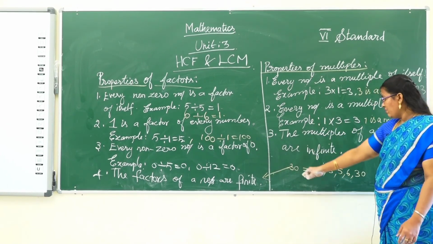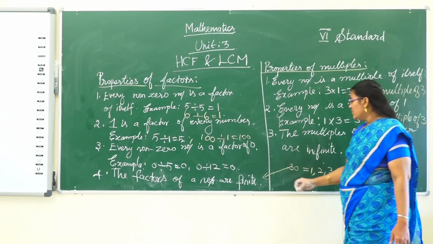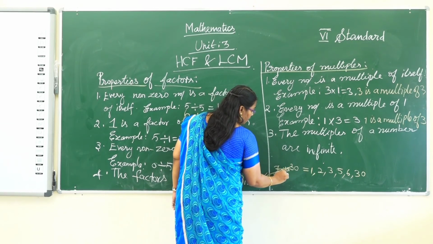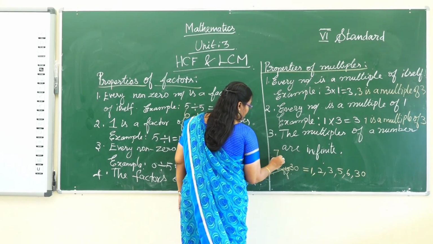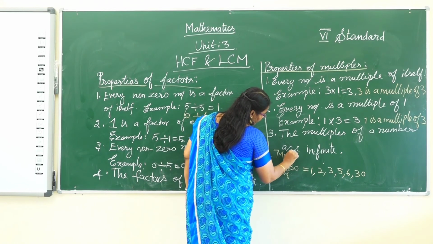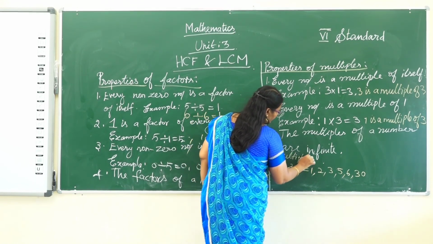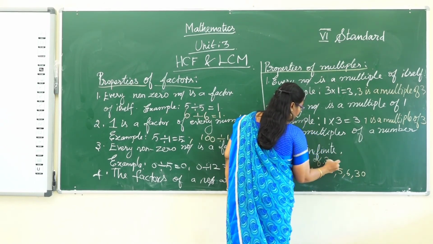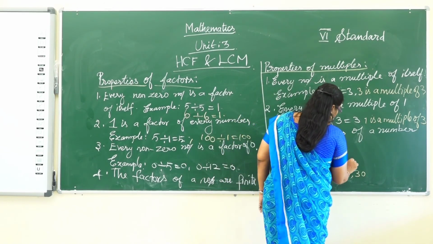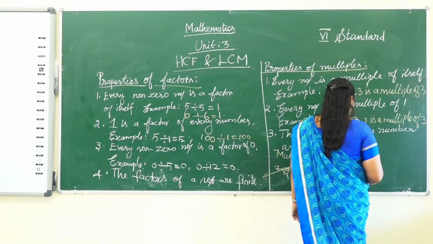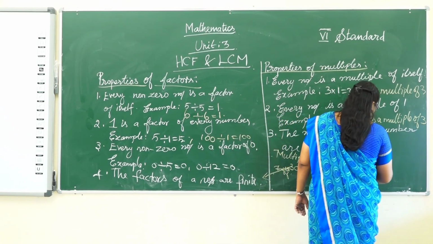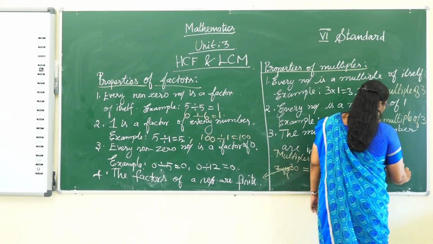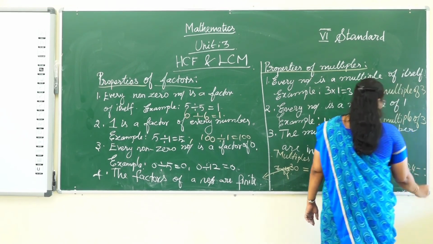For example, taking the same number, we wrote the factors of 30. Now write the multiples of 3: 3, 6, 9, 12, 15, 18, 21, 24, endlessly going.